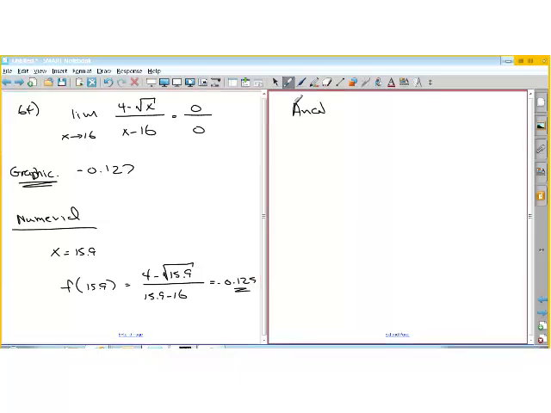Analytically, this is the third kind, and analytically we use rationalization.